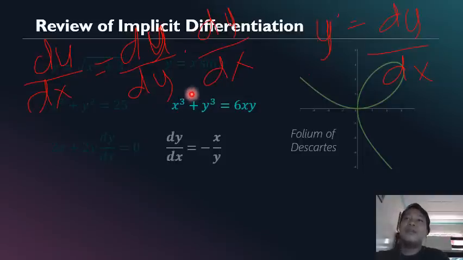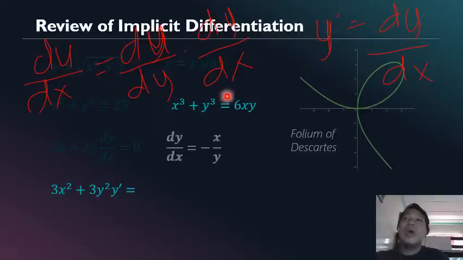So the derivative of this with respect to x is, of course, 3x squared. Now, plus, hindi pa tayo tapos, the derivative of this with respect to x. So this is y, but that is with respect to x. Kaya gagamit tayo ng chain rule. Ano muna ang derivative nito with respect to y? So magiging 3y squared. Ayan, 3y squared. However, hindi pa tayo tapos.